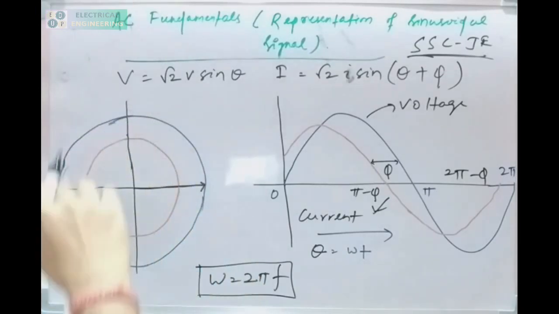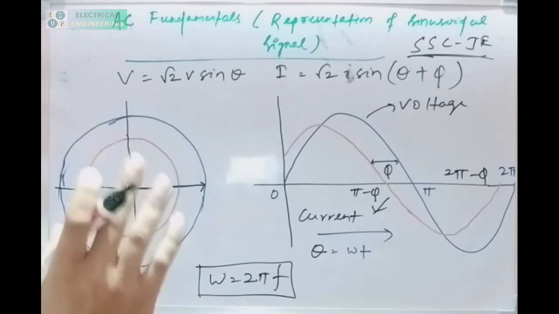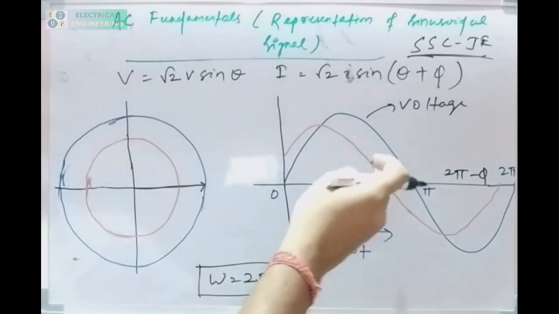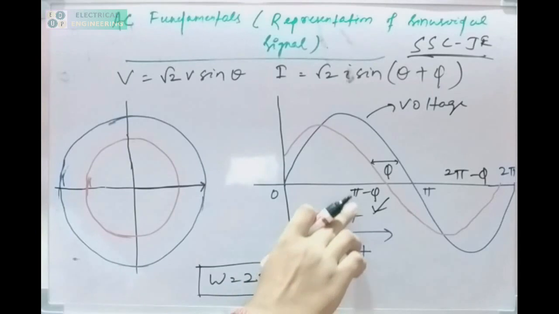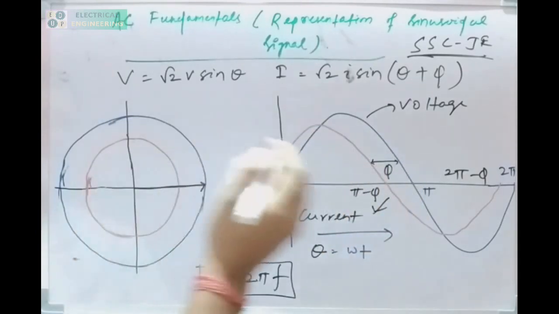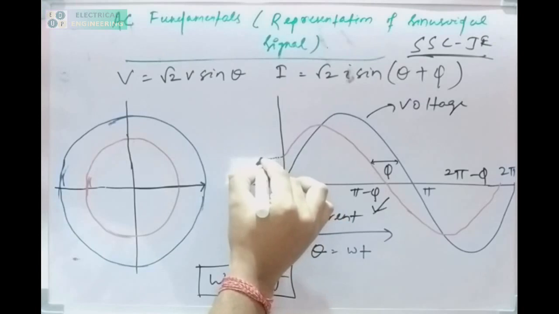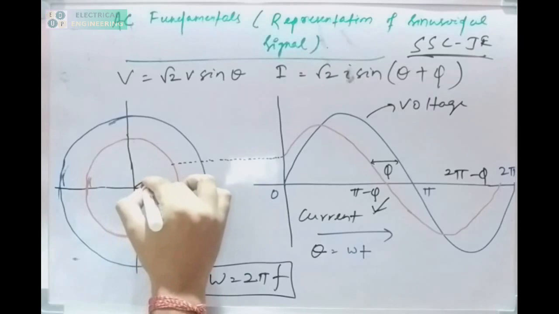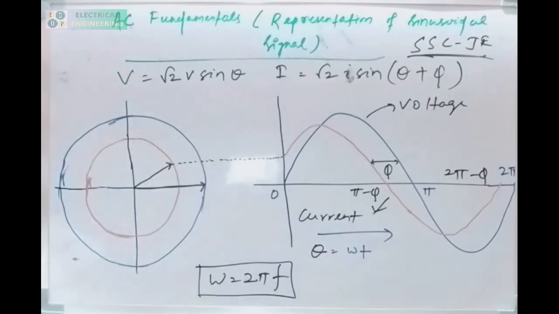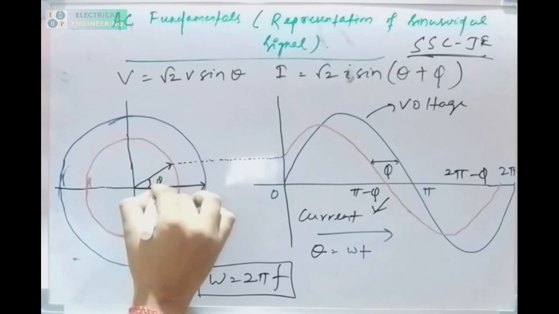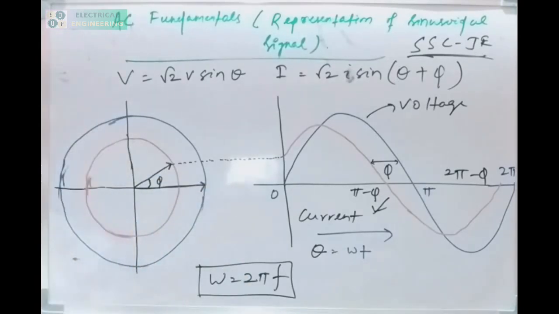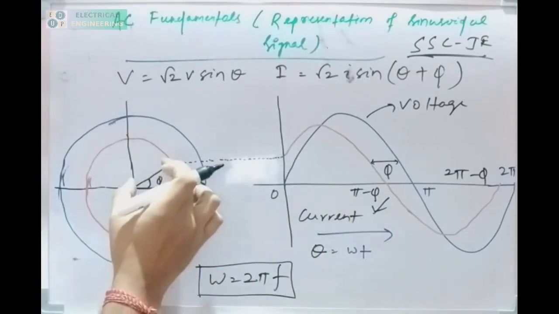Whenever we study a phasor diagram, we take the anti-clockwise direction for positive angles. What is the difference between the two waveforms? That is phi. If I draw the phasor line for current, it will be like this, and the difference is phi. This angle represents the phase difference between the two waveforms, that is phi.